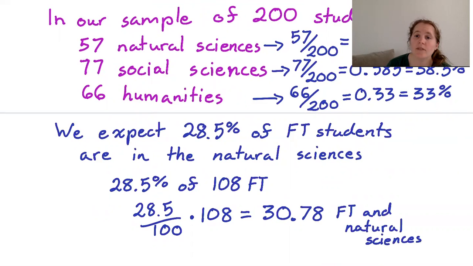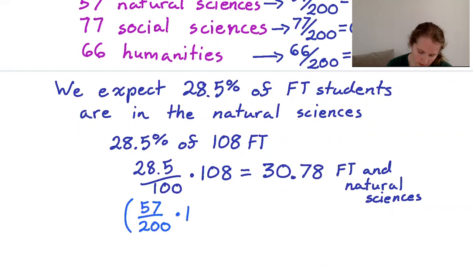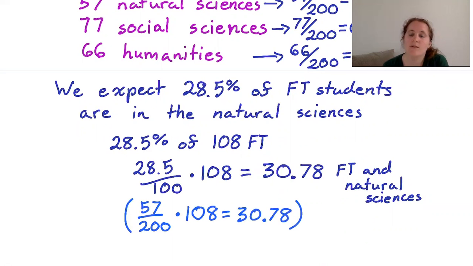Now, a slight modification of this, we actually didn't need to find the percentages. We could have just used the original fraction we found before. Instead of 28.5 out of 100, we could have done the original 57 out of 200 times 108, and this will give us precisely the same thing. We don't need to simplify if we don't want to.